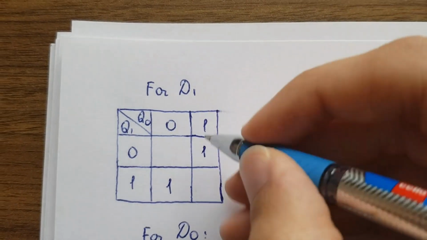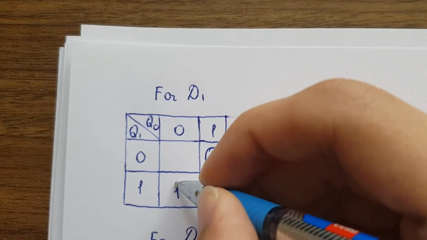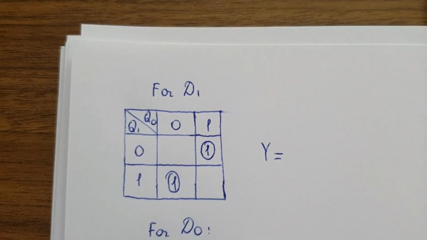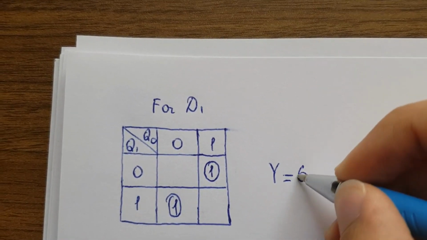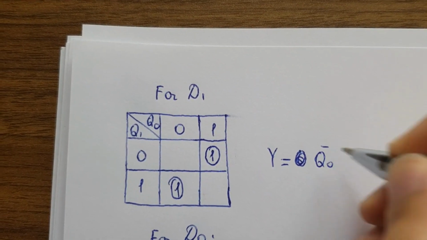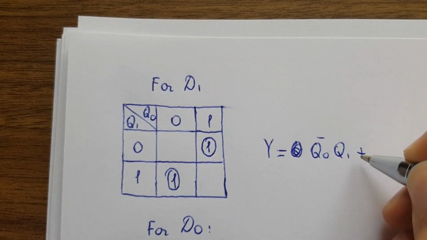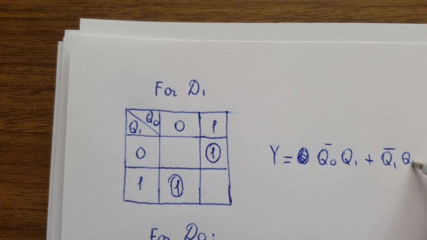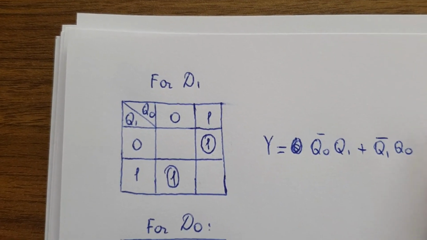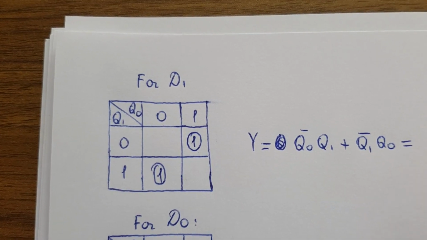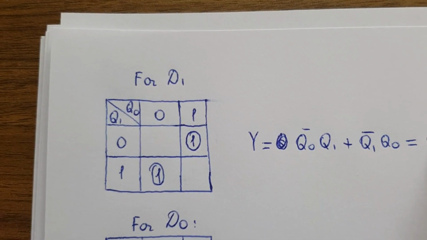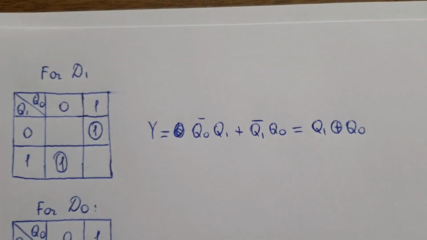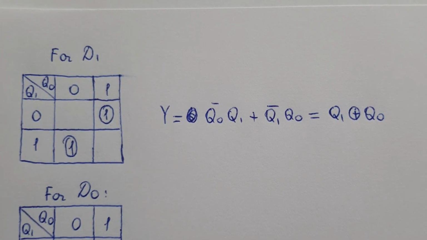Then we group this alone and this alone, and we get the logical expression D1 equals Q0 inverse Q1 plus, I mean OR, Q1 inverse Q0. And we know that this is the expression of an XOR gate. So it will be like that.